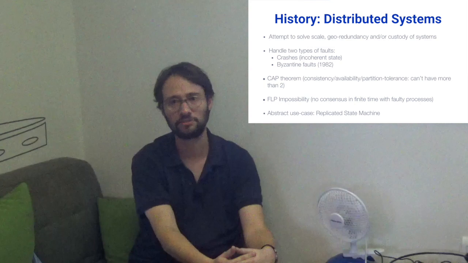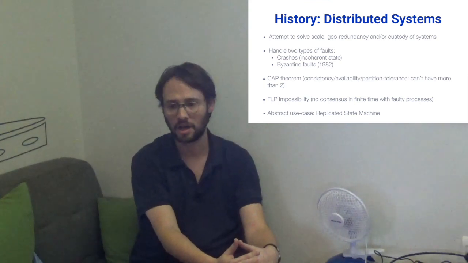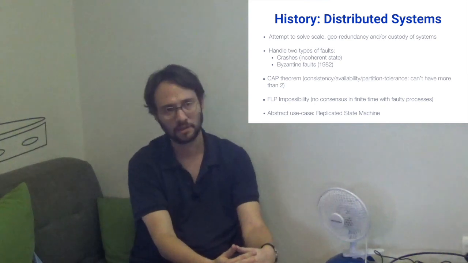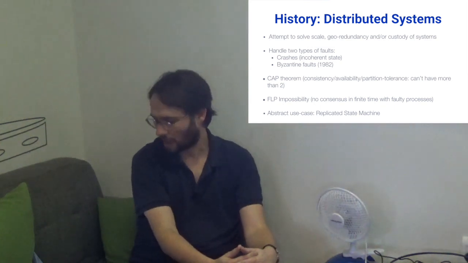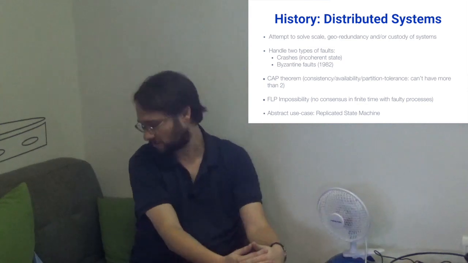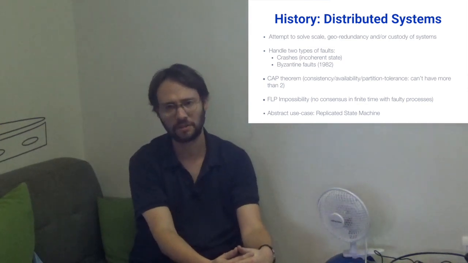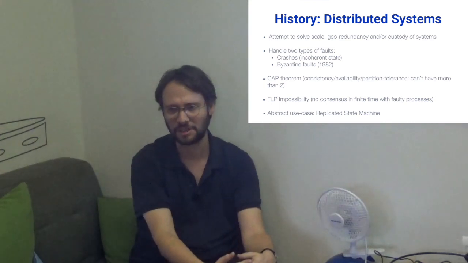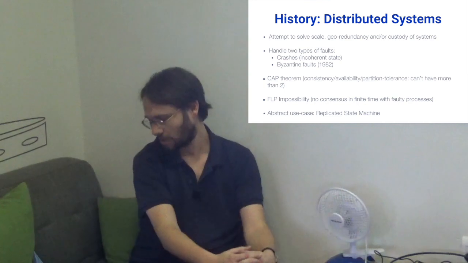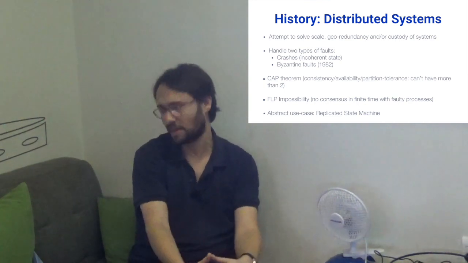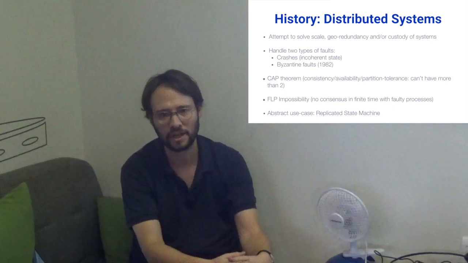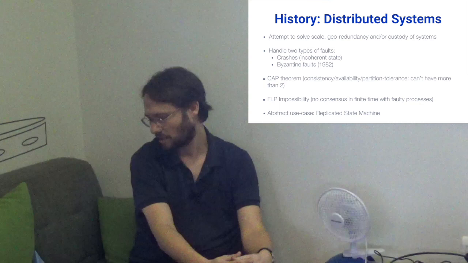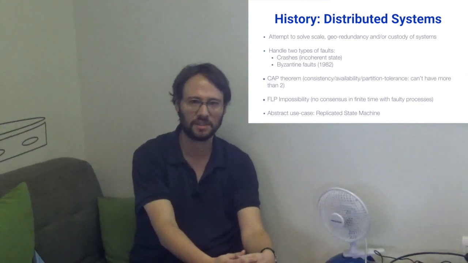The other interesting theorem that was developed in the 80s is the FLP impossibility. CAP is very easy to remember. It's consistency, availability, and partition tolerance. FLP stands for Fischer, Lynch, and Paterson, or something like that. But basically, what they proved is that if you want to have an asynchronous system that reaches consensus, then there's no way you can guarantee reaching consensus in a finite time.